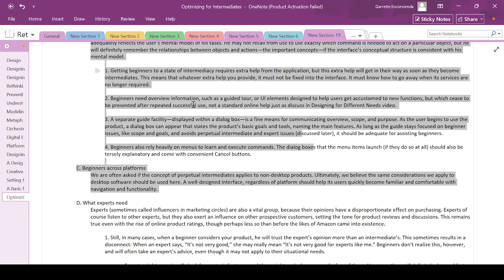Getting beginners to a state of intermediacy requires extra help from the application. But this extra help will get in their way as soon as they become intermediates.